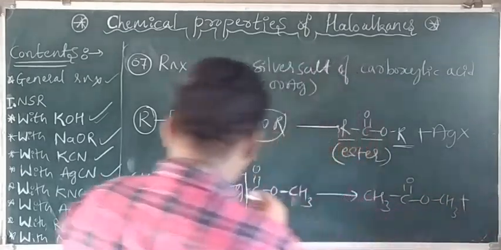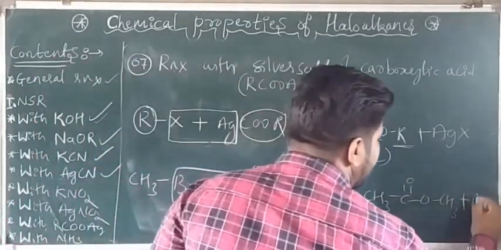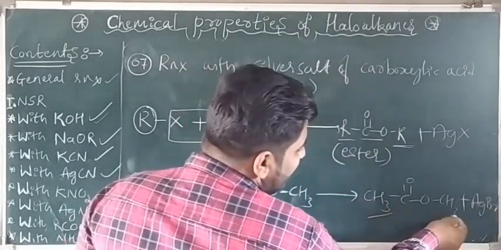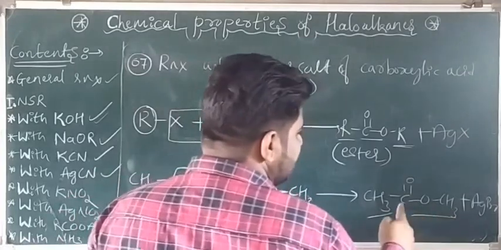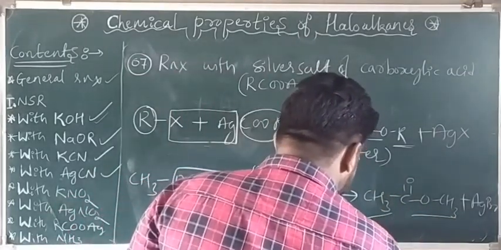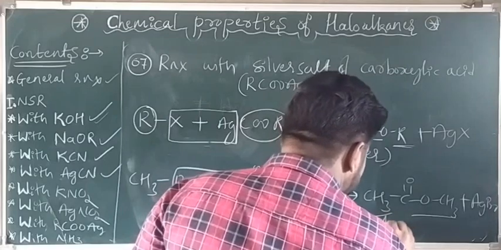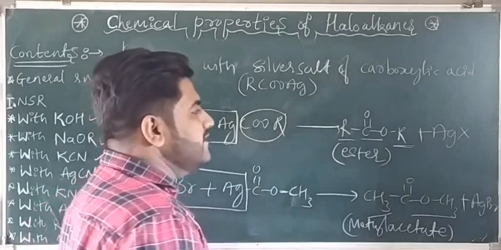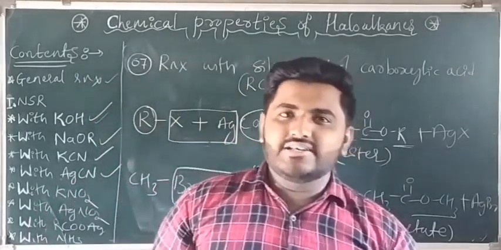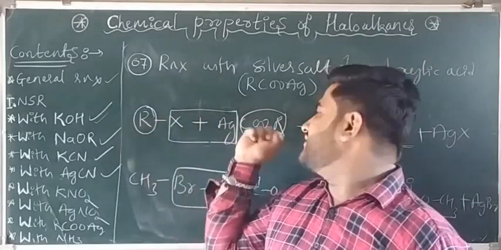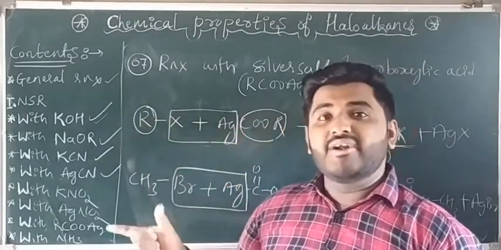CH3COOCH3 plus AgBr as a byproduct, silver bromide. So name of this one is methyl acetate. CH3COO minus is acetate. So you are getting methyl acetate as a name. In general, we can call RCOOR as esters. You can take both R groups as the same, either methyl, methyl or methyl, ethyl. You can take different ones also.